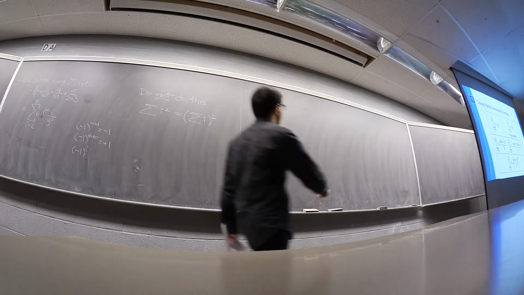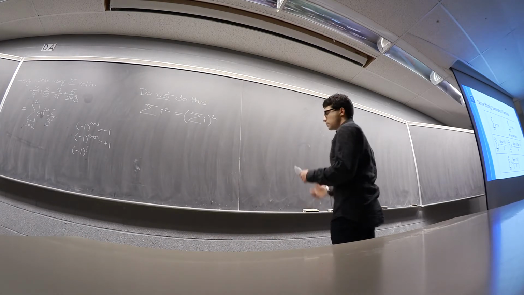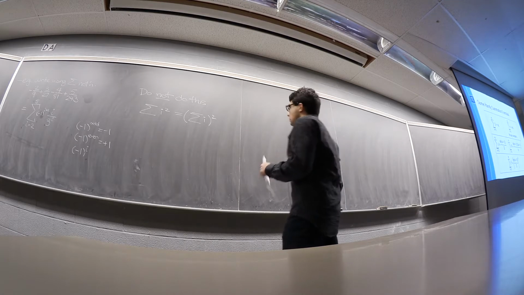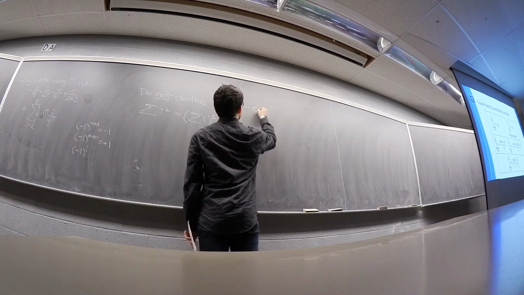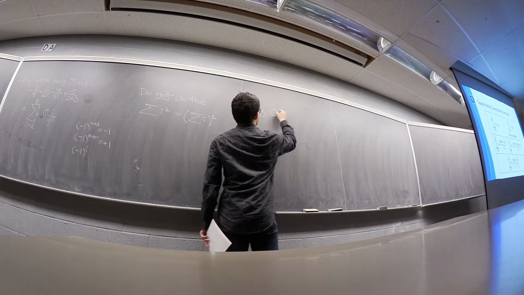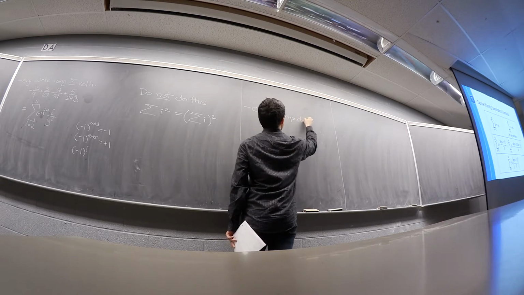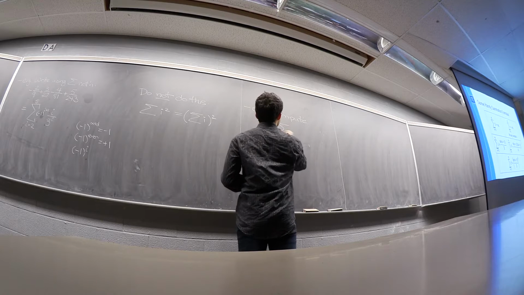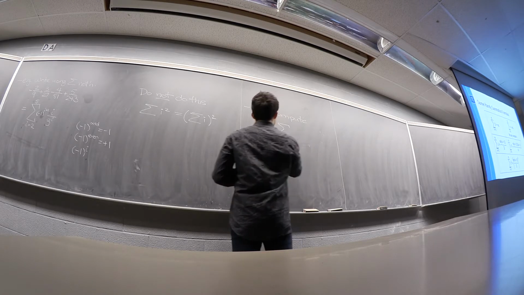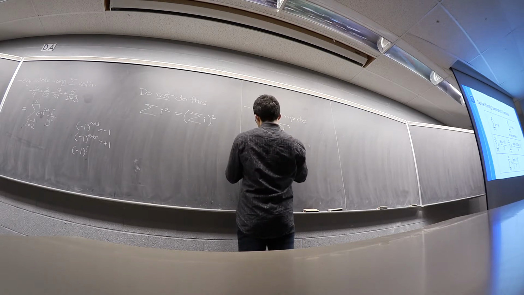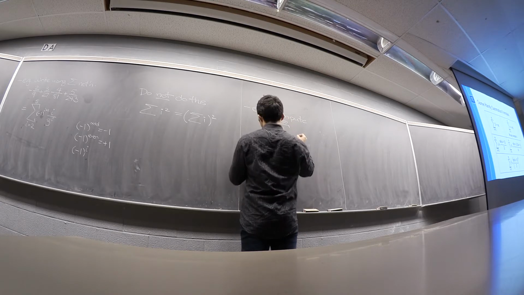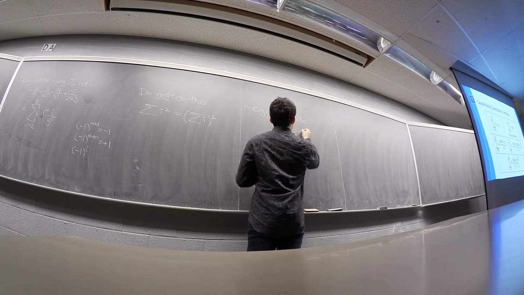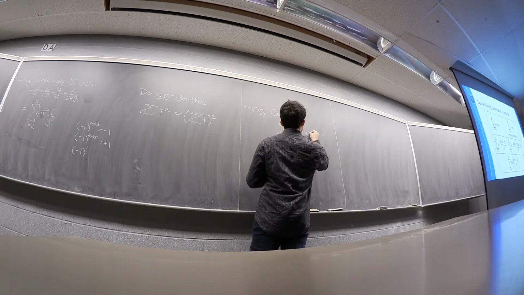Example. Calculate this: the sum for i going from 1 to 50 of 2i(3i minus 5).